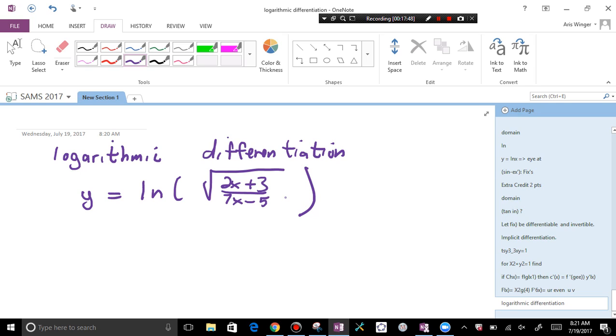And so we have some log rules, and it's good to use them here. Recall that the log of a times b is equal to the natural log of a plus the natural log of b. Why is this true?